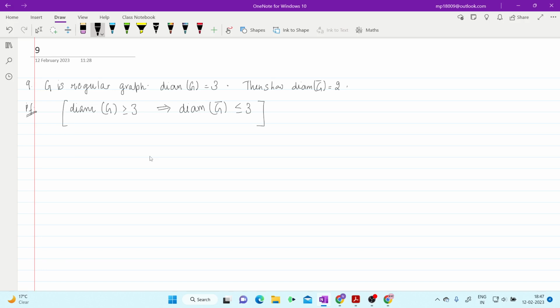Is this fine? Yes. So now since the diameter of G is 3, from this result we can conclude that the diameter of G bar will be less than or equal to 3. But now we have an additional condition that G is regular, then the diameter of G bar should come out to be 2.